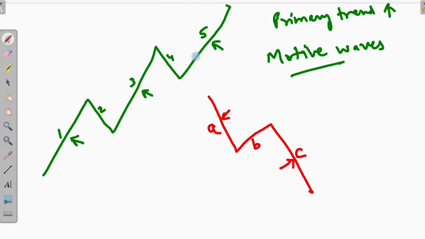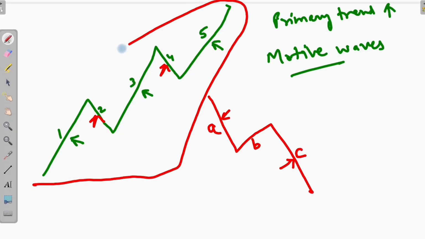On the contrary, when the primary trend is up, in this case when this 5-wave up formation is occurring, wave 2 and wave 4 are in the opposite direction of the primary trend. We are talking about this trend, right? This uptrend. So talking about this uptrend, wave 2 and wave 4 are in the opposite direction of the primary trend.